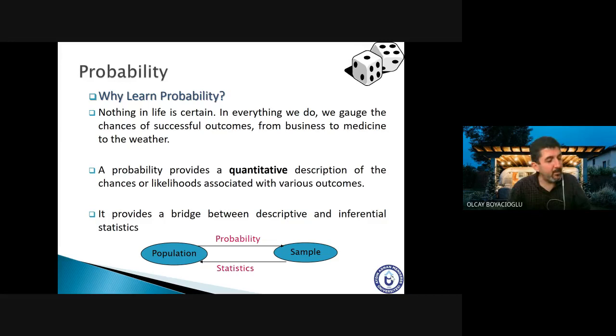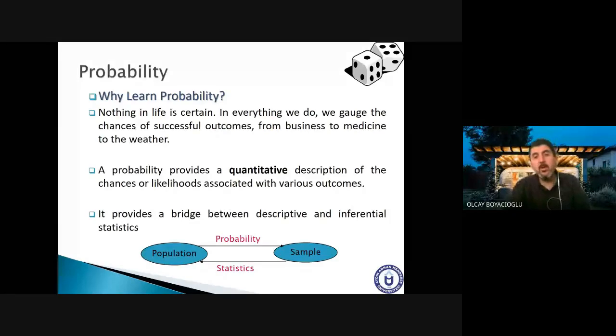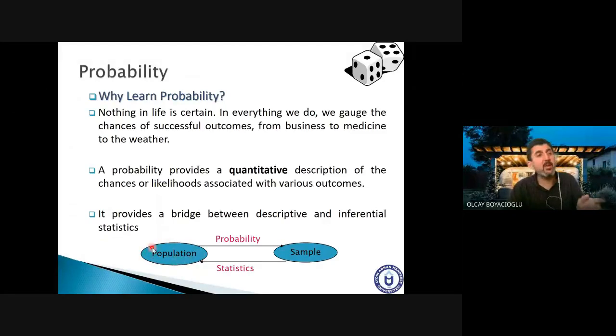Because most of the time we cannot observe the entire data set. We cannot observe the entire population, because the population is so large and it takes too much time.